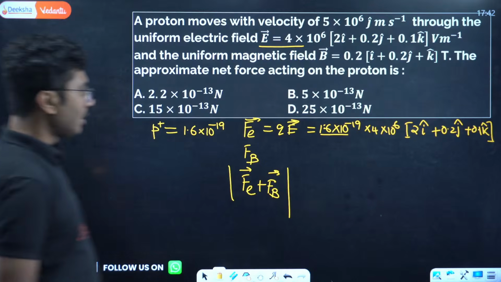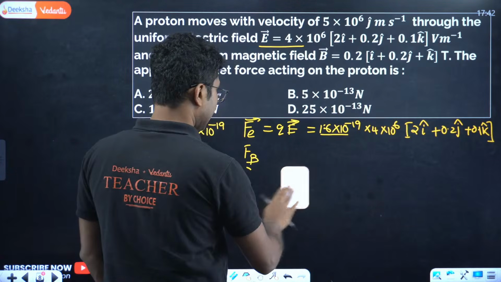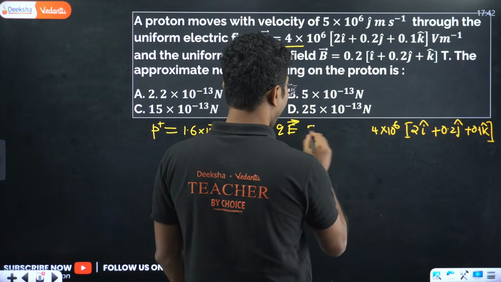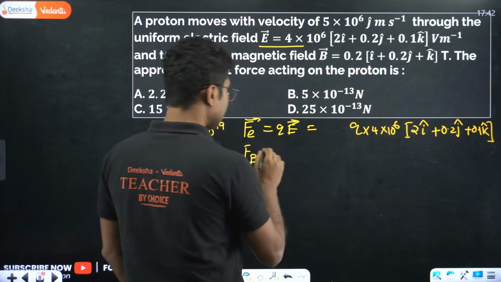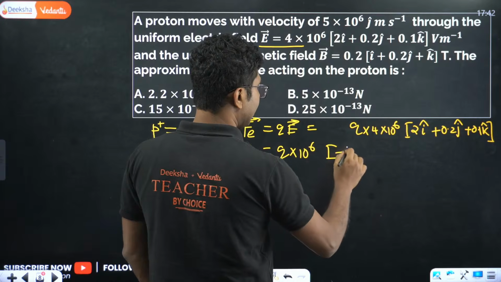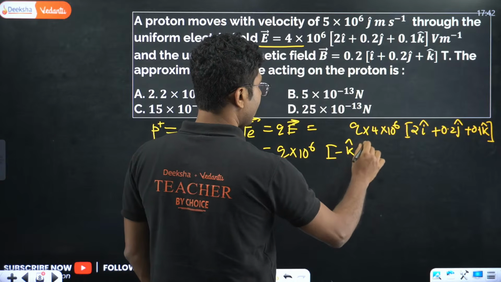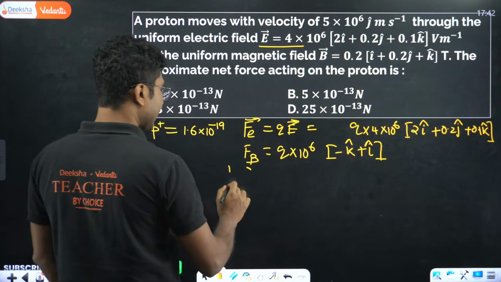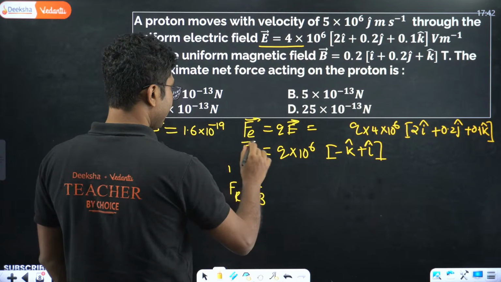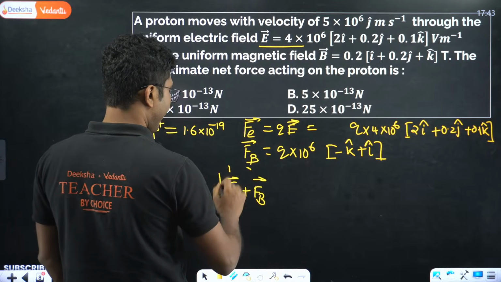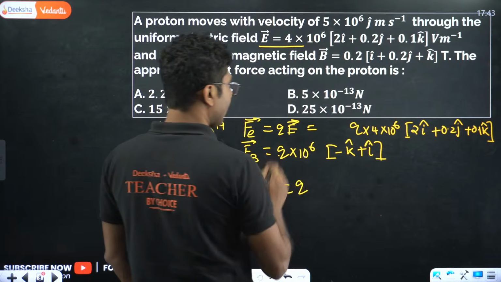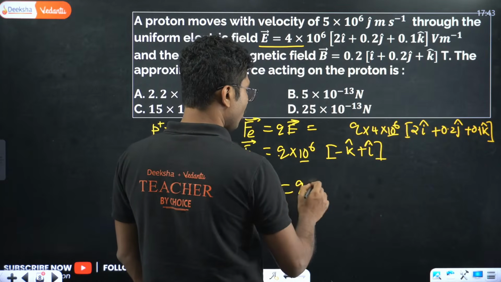Electric force was given by this. Let me write it in terms of q only. And this is q into 10 to the power of 6 into minus k cap plus i cap. So what is the sum of these two vectors? So Fe plus Fb, let's add them. When you are adding them, q is common, and you can see that 10 to the power 6 is also common.